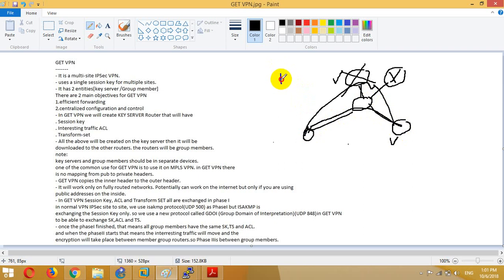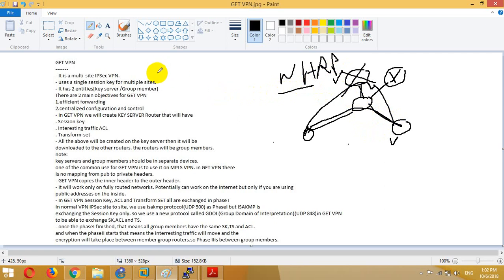As you guys know, NHRP has full visibility from registration, because all the spokes register here, so this one has full visibility of the routes. He knows the real IPs and the tunnel interface IPs of each of the spokes, and he knows how to go because it's translated in his table. This is for the second question.